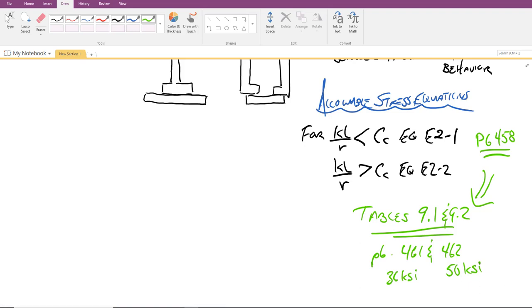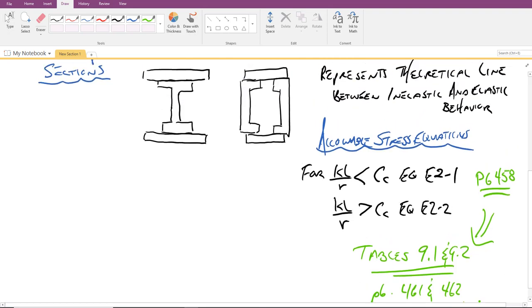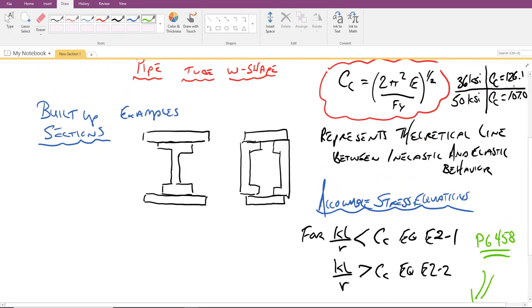The only other thing to note is that if you're dealing with table 9.1, as we indicated up above, for 36 KSI steel, the C sub C value is 126.1. That's that breaking point.